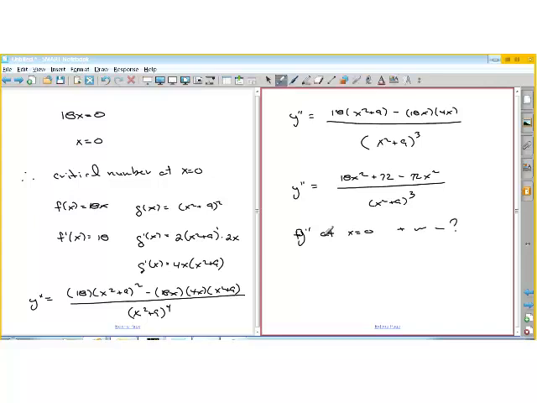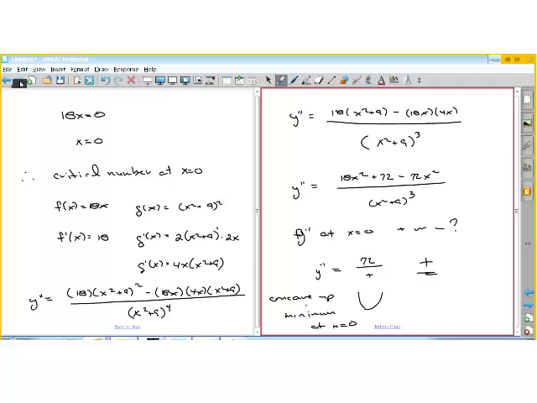That's pretty easy because we just stick in 0 and we get y double prime is equal to 72 divided by some positive number. So it's positive. And because it's positive, then it's concave up, which is a minimum. So we have a minimum at x equals 0.